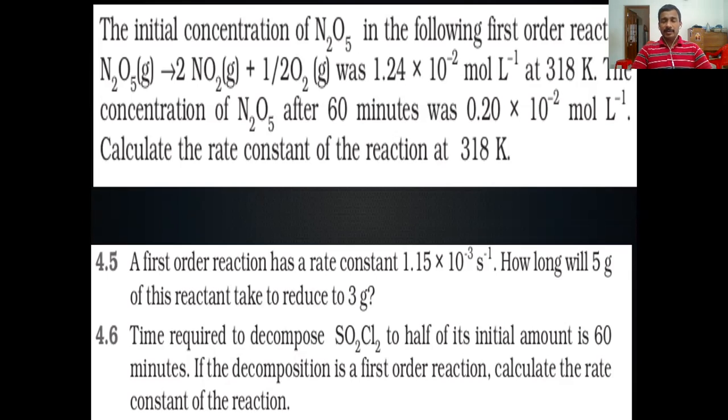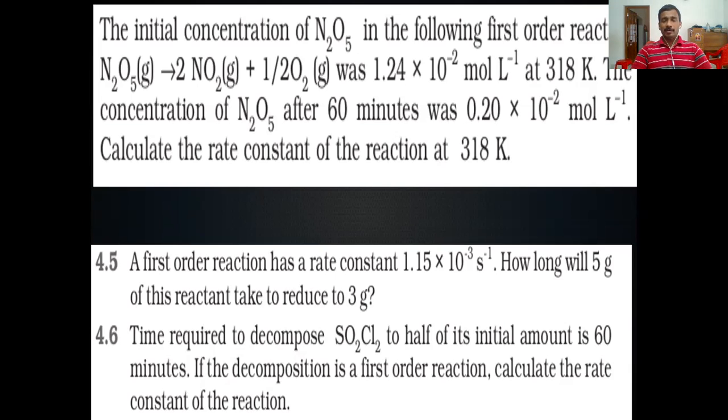What is our equation? k is equal to 2.303 divided by t log initial concentration divided by concentration after time t. So write the equation first. k is equal to 2.303 divided by t log concentration of R0 divided by concentration of R. Do you write it?